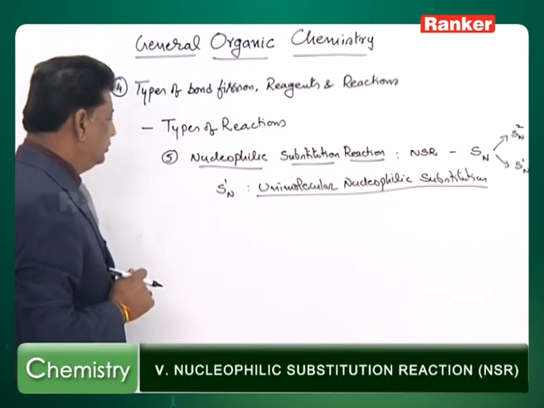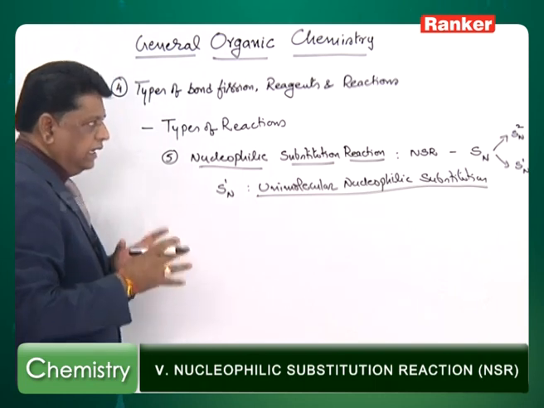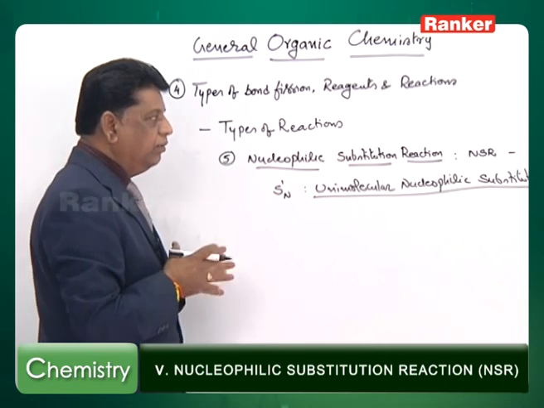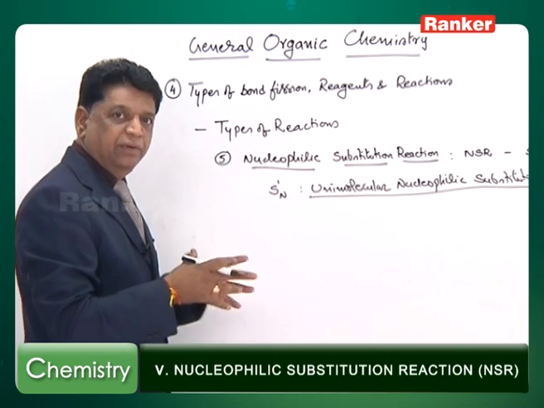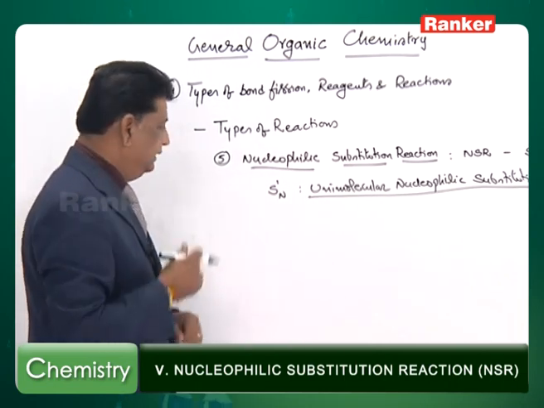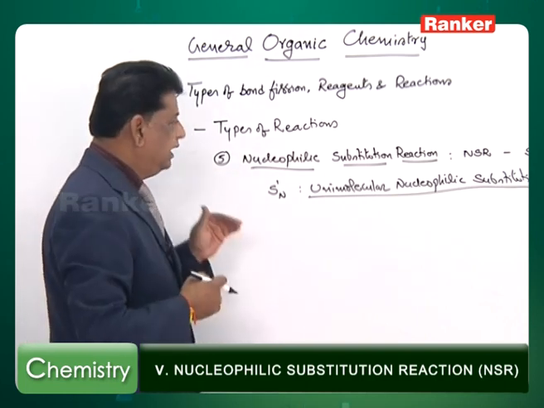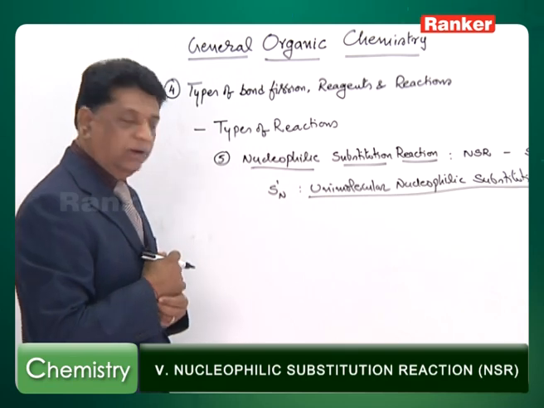After seeing this, I will say what exactly unimolecular and bimolecular mean and where they come from. Let us see the first mechanism of SN1 and then compare both, and see why you call them bimolecular and unimolecular.